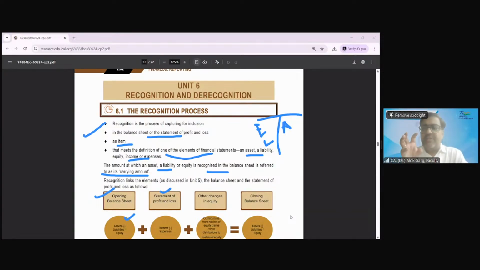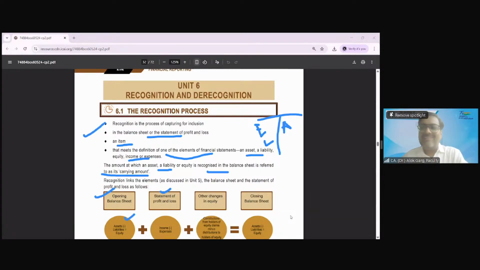In opening balance sheet, for example, there are 1,000 rupees of assets and 600 rupees of liability. Then what are the shareholder funds? 400. 1,000 रुपए का एसेट, 600 की लाइबिलिटी, शेयर होल्डर फंड कितने हुए? 400 के। What are the net assets? 400.